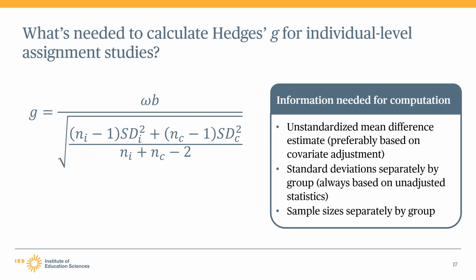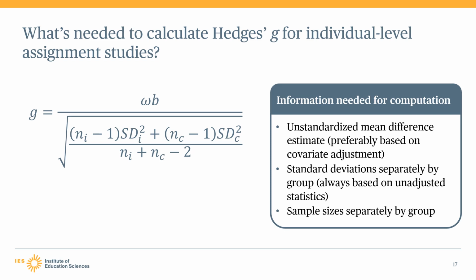an analysis of covariance. The second type of information needed to calculate this effect size is standard deviations on the outcome measure, separately for the intervention and comparison groups. These are SDI and SDC in the equation.